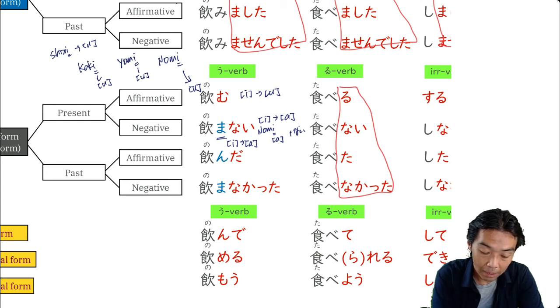So nomanai is nomanakatta. In the same way, yomanai, yomanakatta, kakanai, kakanakatta, shinanai, shinanakatta. So all you have to do is use a different affix: nai, nakatta.